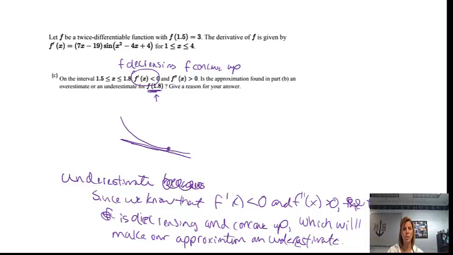Okay, so I guess we could have worded it a little bit differently than that, but I'm pretty happy with that. All right, onward to part C.